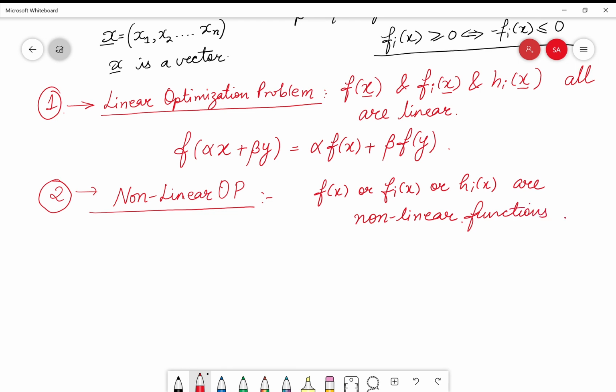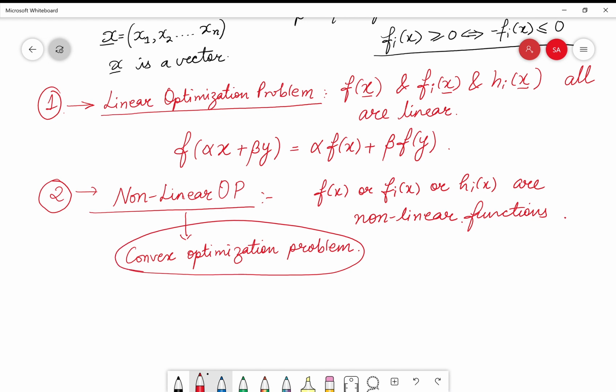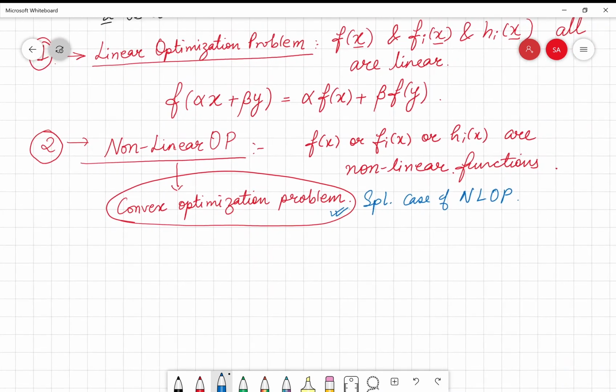A special class of non-linear optimization problem is the convex optimization problem. This is a special case of the non-linear optimization problem, which we are going to discuss in our second part.